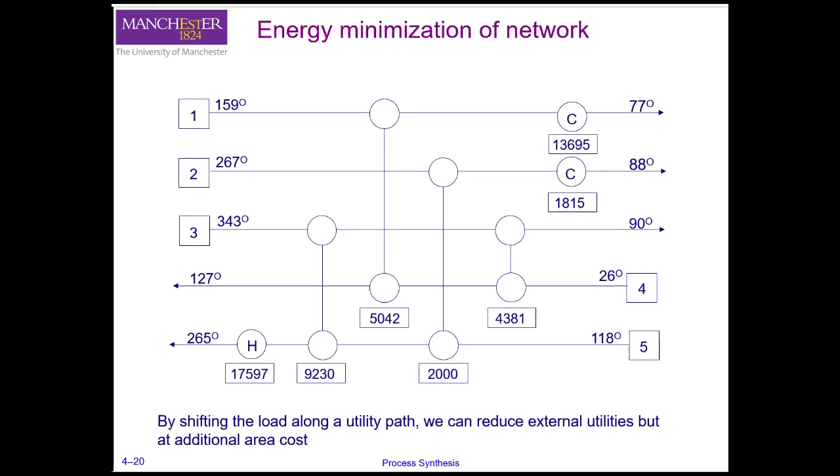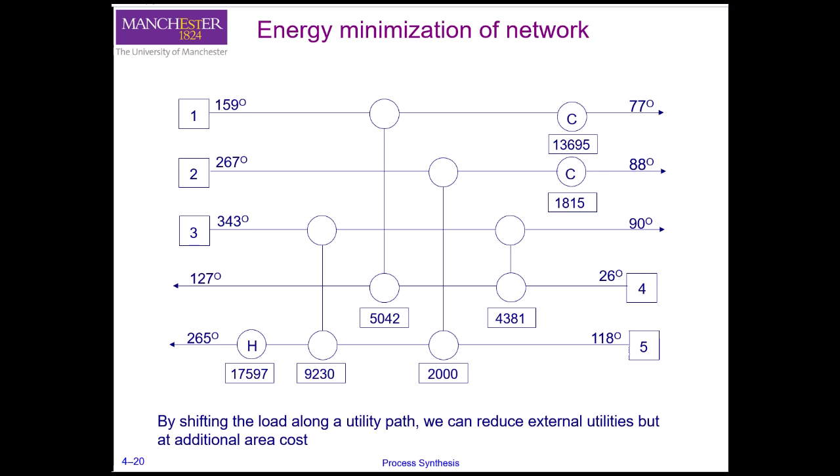In the previous slides, we have looked at what a utility loop is, and we said that a utility loop allows us to change the heat duties of the heat exchangers within a network without changing the energy consumption in terms of its hot and cold utilities.